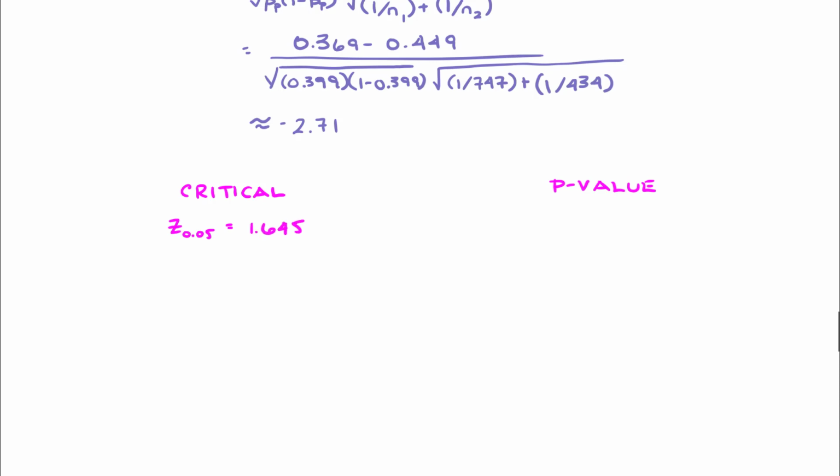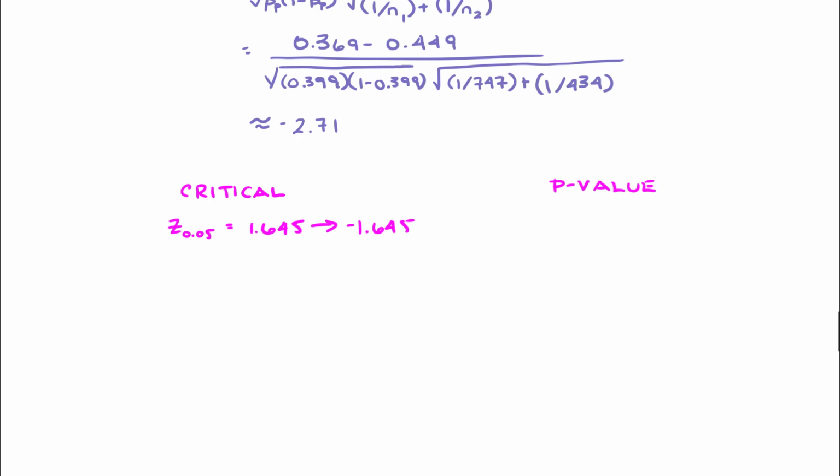But since this is a left-tailed test, we will make that a negative 1.645, because remember, the z sub alpha gives you the area to the right. We are looking for the area to the left in this case. So when we're talking about a left-tailed and a right-tailed test, we just simply negate the value that we come up with for the right-tailed test.